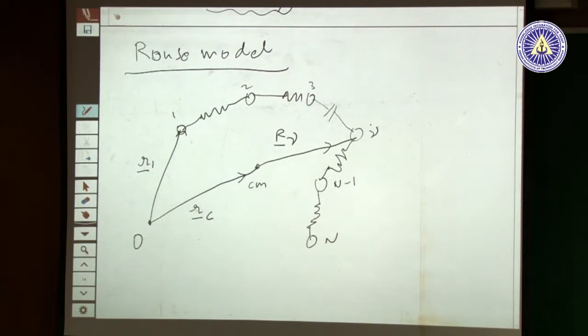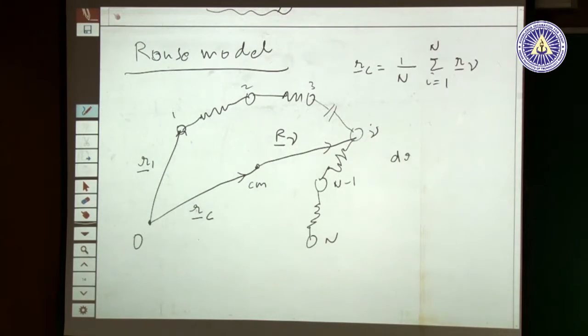Okay. So, we have the definition of RC as 1 over n, sum over nu going from 1 to n of R nu, that is where the center of mass is located. And the bead positions are R nu.